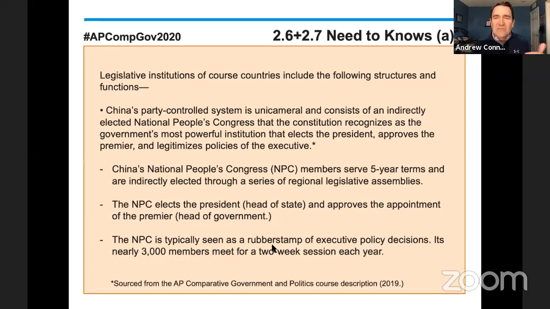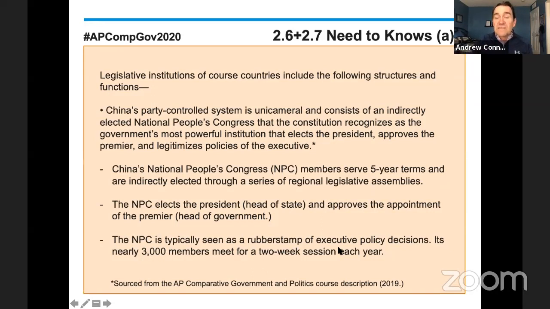Sometimes in years past you see some disagreement, which we can measure by debates or suggestions for amendments that weren't in the initial legislation. But if the executive wants it, the unicameral National People's Congress is going to approve that policy.